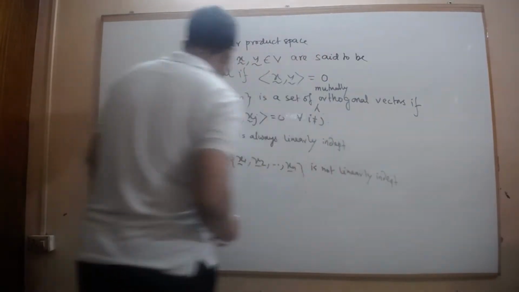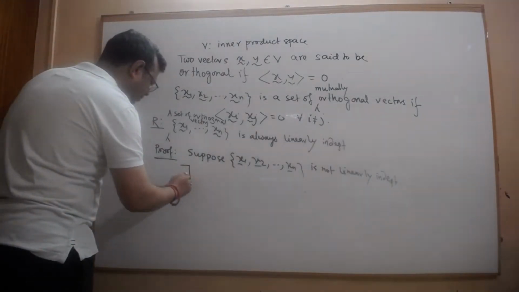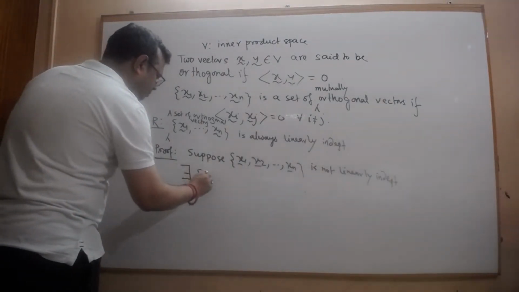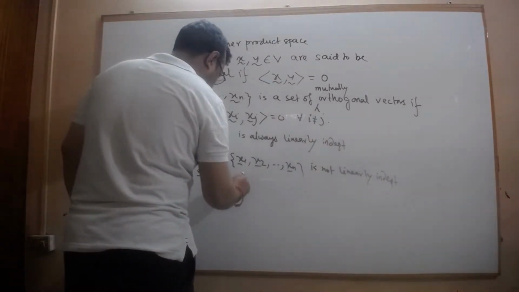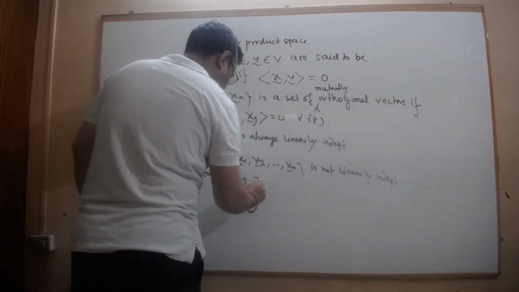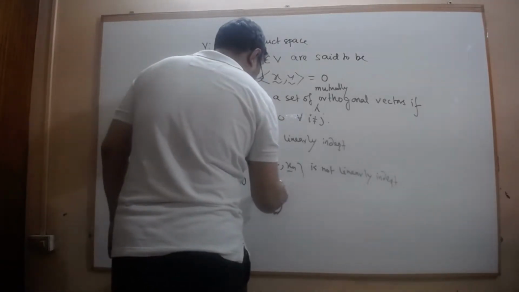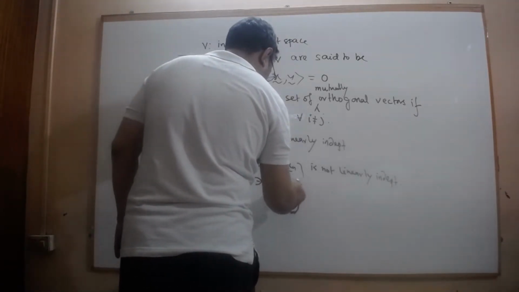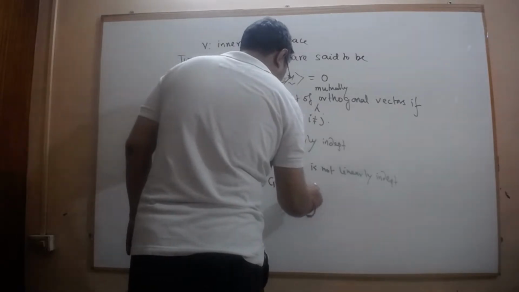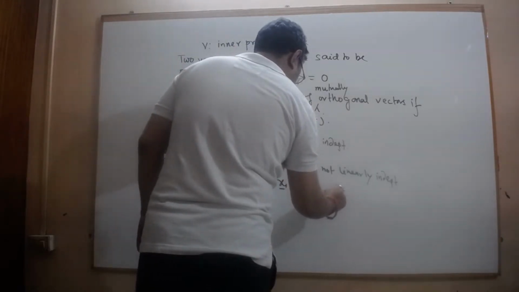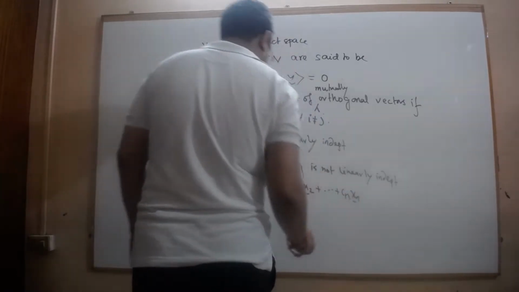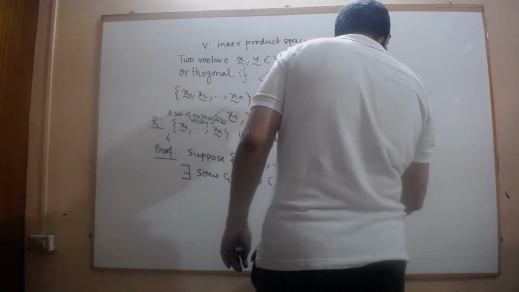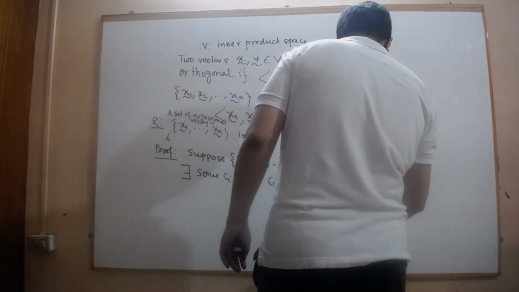That means there exist some ci not equal to 0 such that c1 x1 curl plus c2 x2 curl plus up to cn xn curl equals 0 curl.